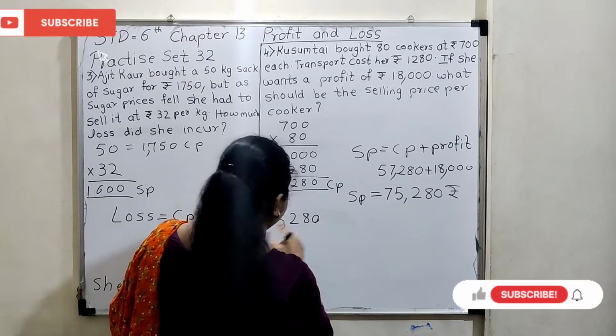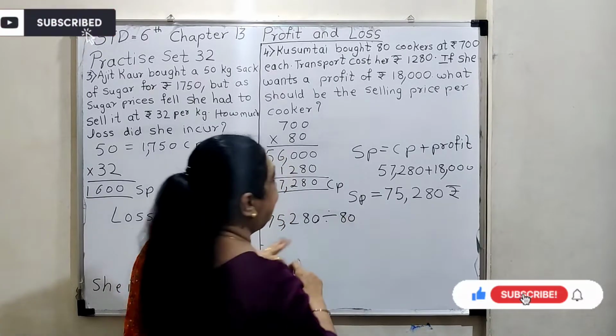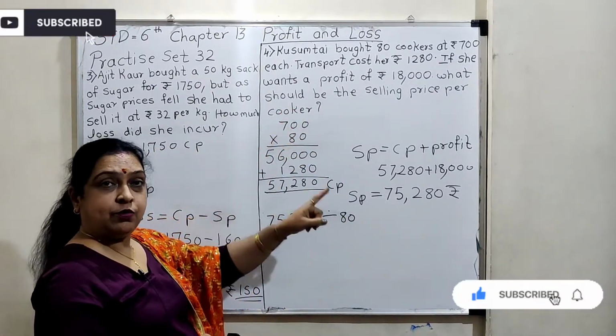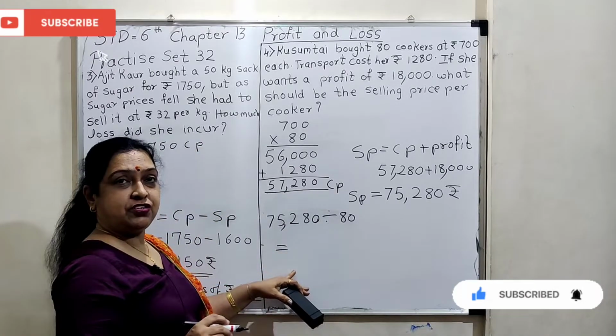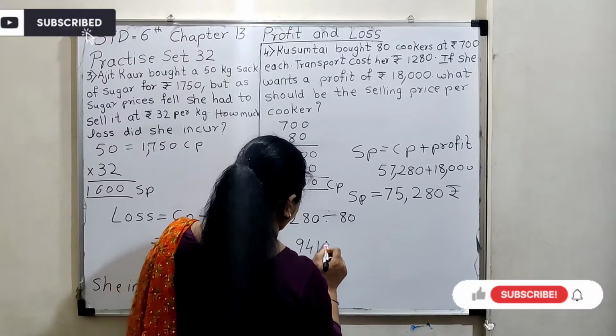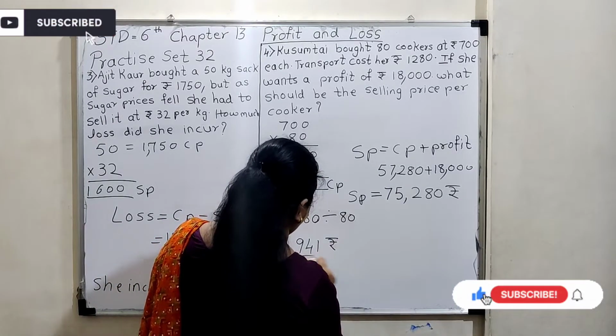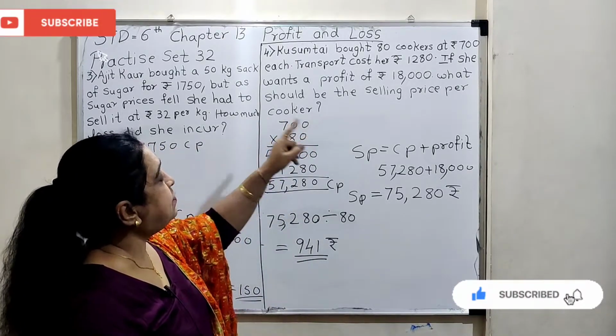$75,180 divided by, how many cookers were there? 80 cookers. Okay, 80 cookers. So when we divide this, we get the answer as how much? 941. So they have asked what should be the selling price per cooker.